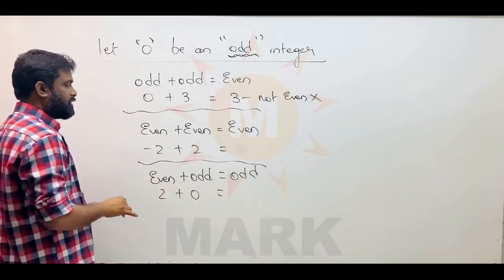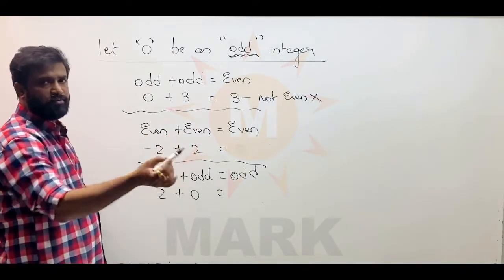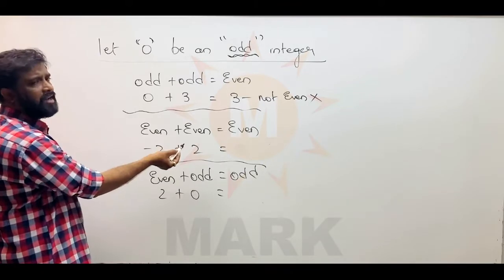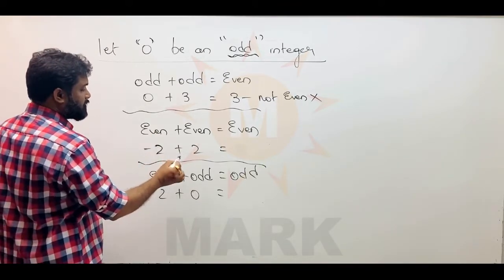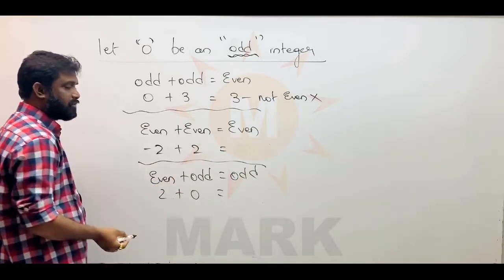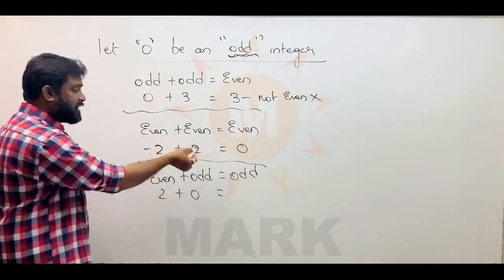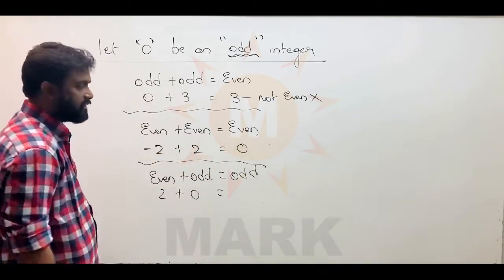Now coming to the second point, even plus or minus even should be an even number. Instead of a minus symbol, I have taken a minus number. I have taken the even numbers minus 2 and 2, so that I get 0 in the equation. That is my intention.